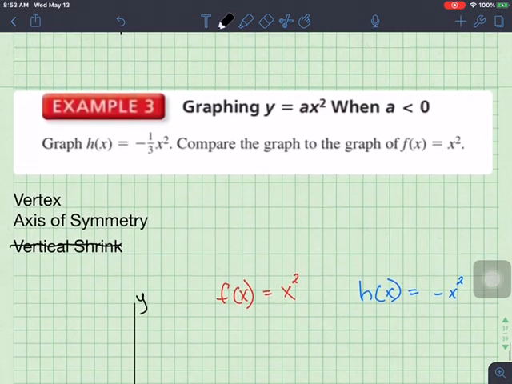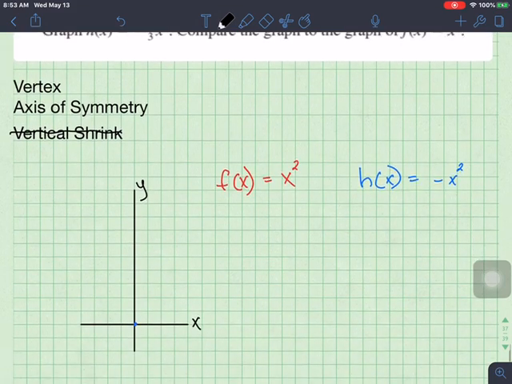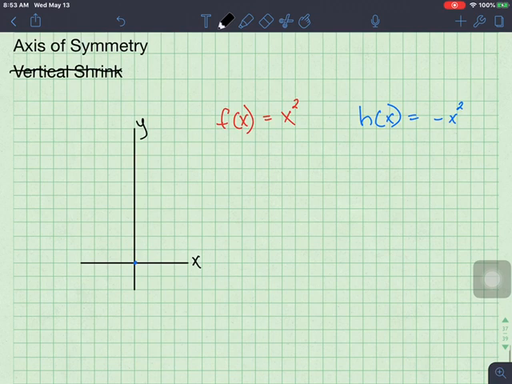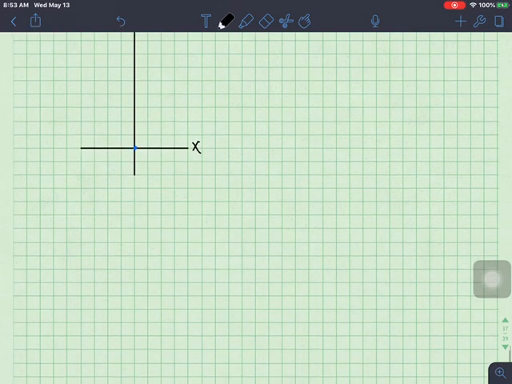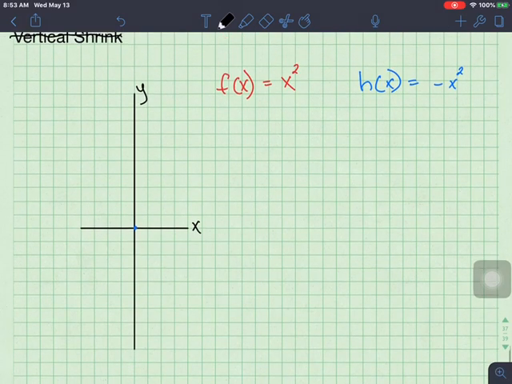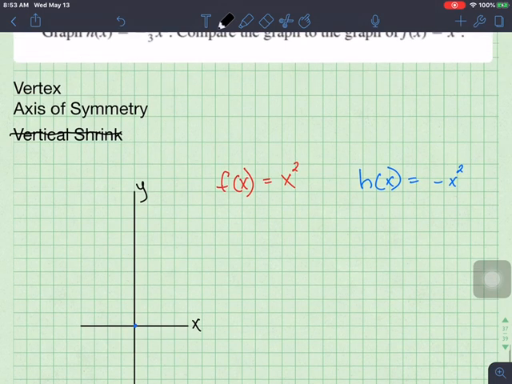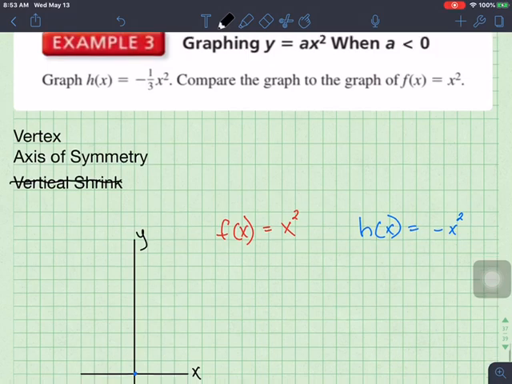All right, now we're going to talk about what happens when we've got two parabolas here, one that is positive and one that is negative. And you know what I need to do? I definitely need to extend this line a little further because we're going to be going below that as well. So what happens when the a is less than 0? So in other words, it's a negative number.